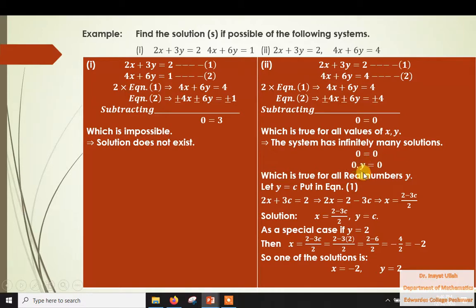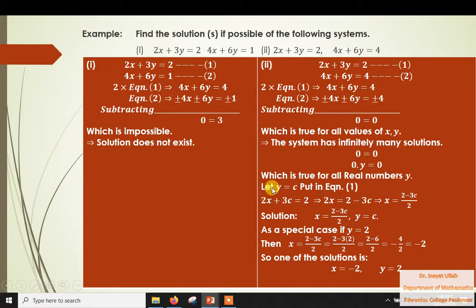I may say that this y may be negative. Negative multiplied by 0 is 0. Positive real numbers multiplied by 0 is 0. 0 itself multiplied by 0 is 0. So this y may be any real number.